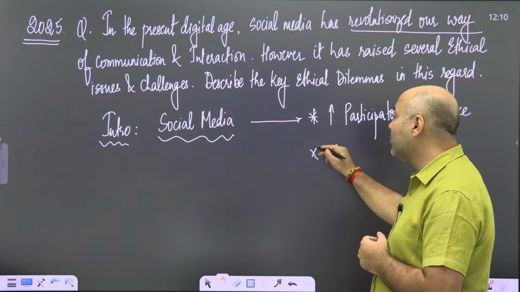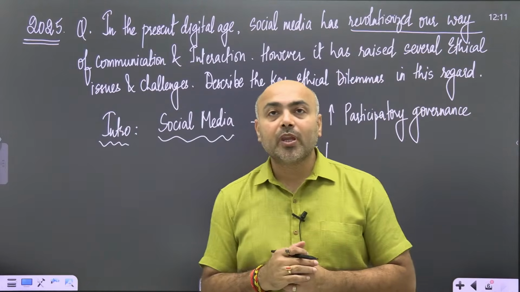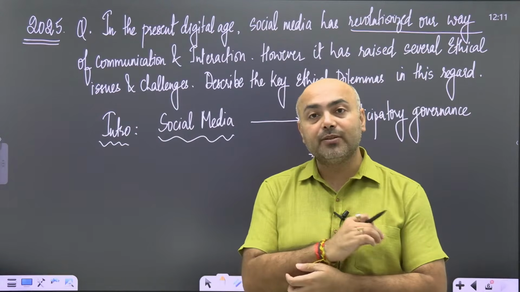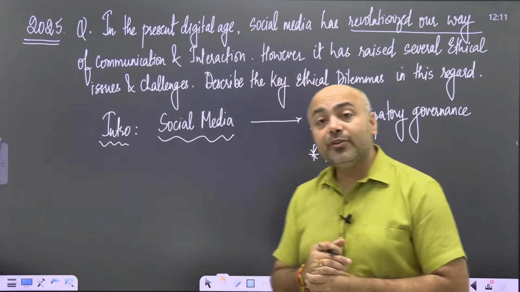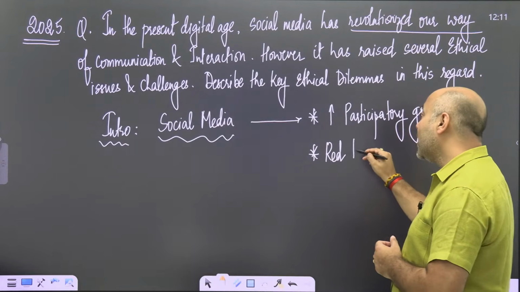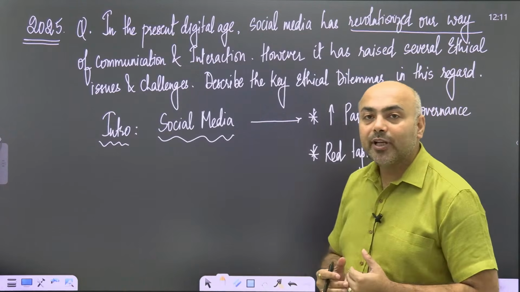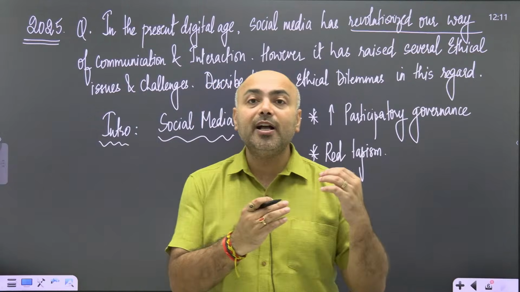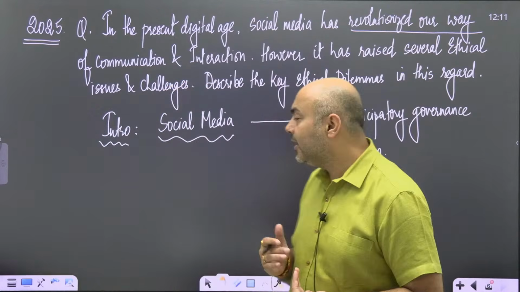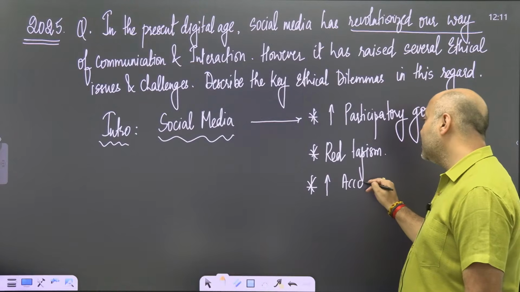Now, what has social media done? Social media has addressed one of the major causes of this: it has ensured that we are able to address the issue of red tapeism, the delays that used to happen in government processes. Social media has increased accountability, and because of that, it has addressed the issue of red tapeism as well.